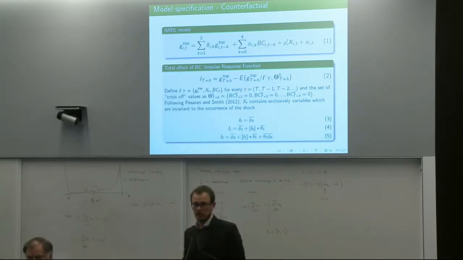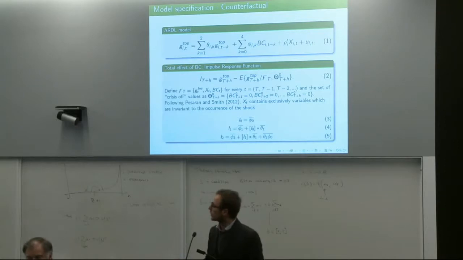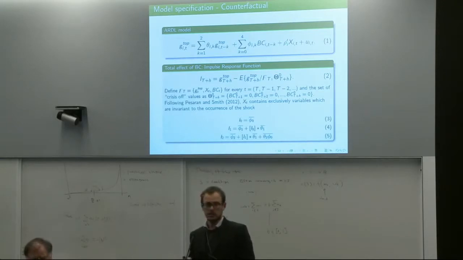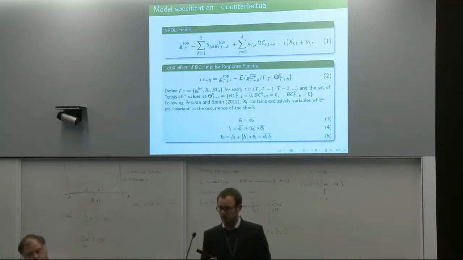What are we trying to do here? How are we evaluating the effect of the crisis? In practical terms, what we're doing is trying to estimate the total effect of the impulse coming from the crisis, and we're trying to do that through the standard tools of the impulse response function. So why is this useful? It's because we treat the banking crisis as an impulse for the series.